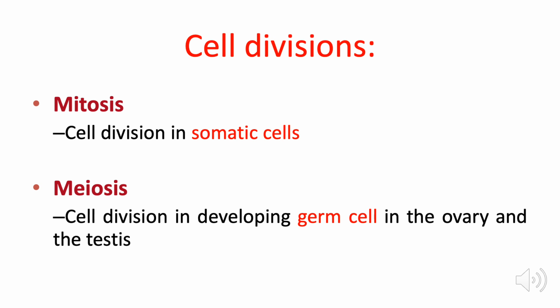Meiosis, on the other hand, is the cellular division of the germ cells, which include the egg cell and sperm cell. We will try to figure out later how many daughter cells will be produced in meiosis and if the daughter cells will be haploid or diploid.